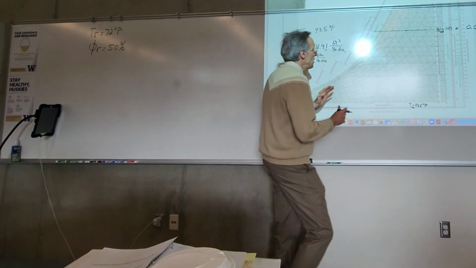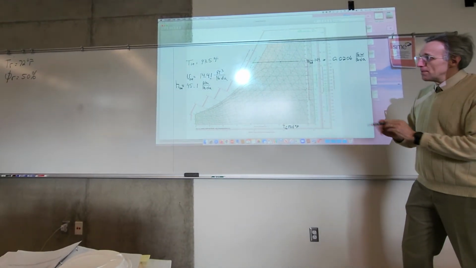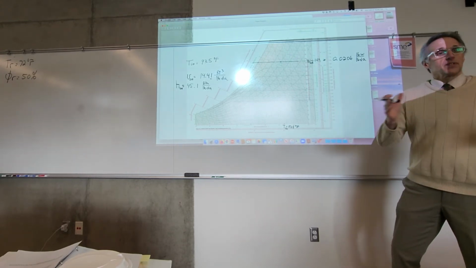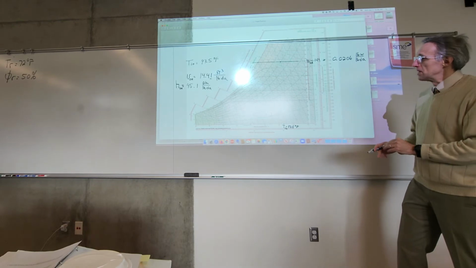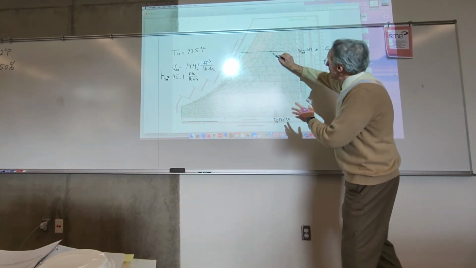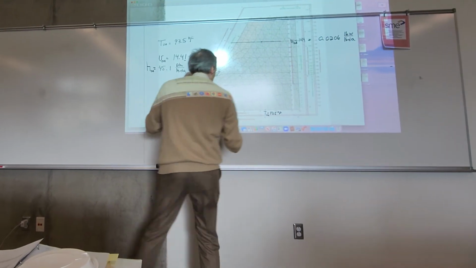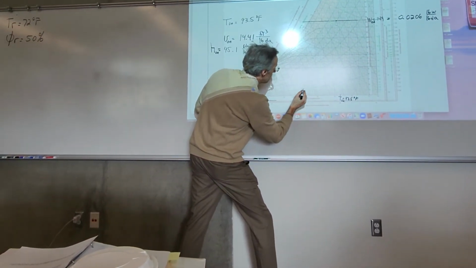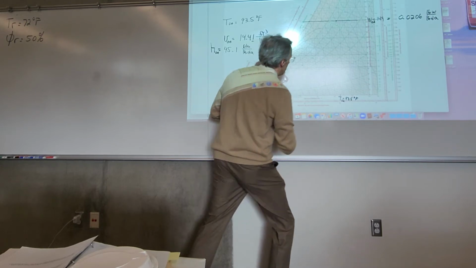So what we do now is we locate on the psychrometric chart the different states that our system has to meet, or states that are in our system. So we've got the outside condition. Now we want to put the indoor condition, and that's going to be 72 and 50%. So come down to 72, and we go up to the 50%. Right there.